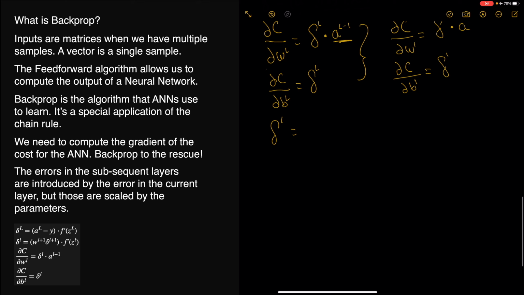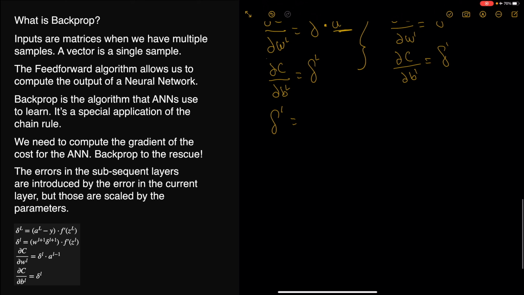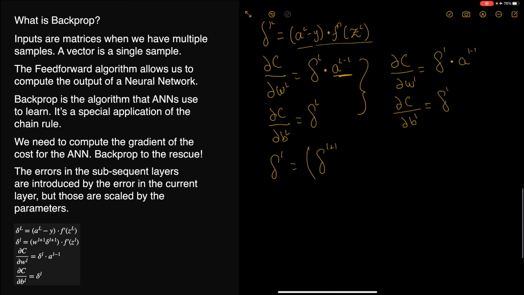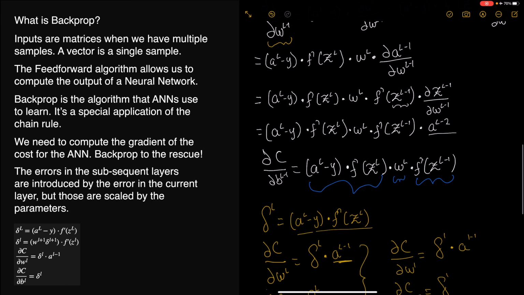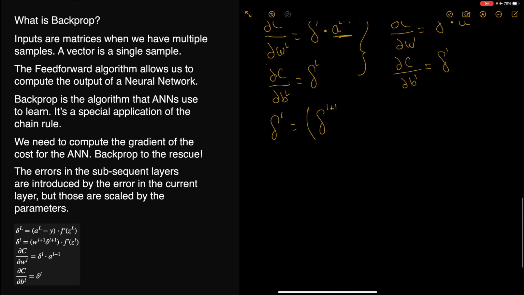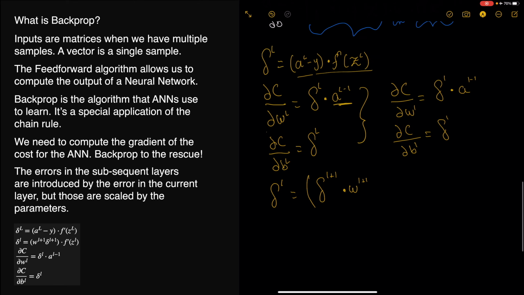All right, so if we define the error, we know that we're going to have the error of the layer after there. But what is that error scaled by? Well, that error is actually scaled by the weight from the next layer. We can see it here, right? Because that weight is actually scaling the error.